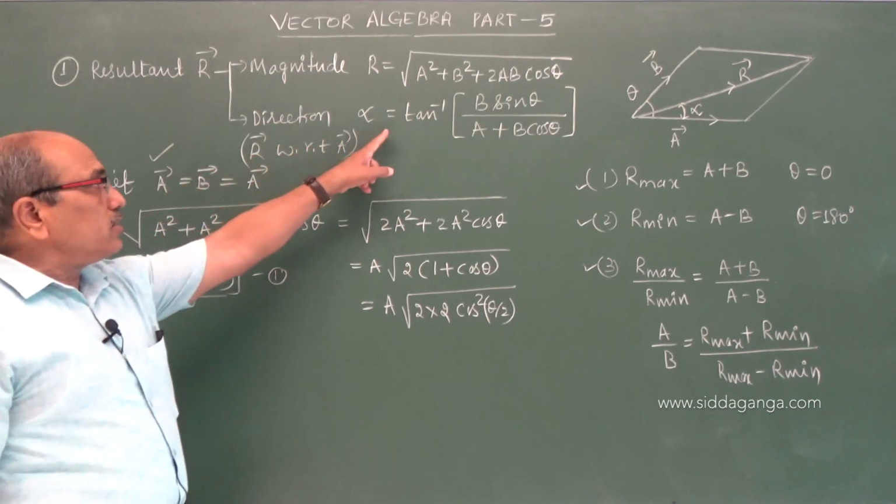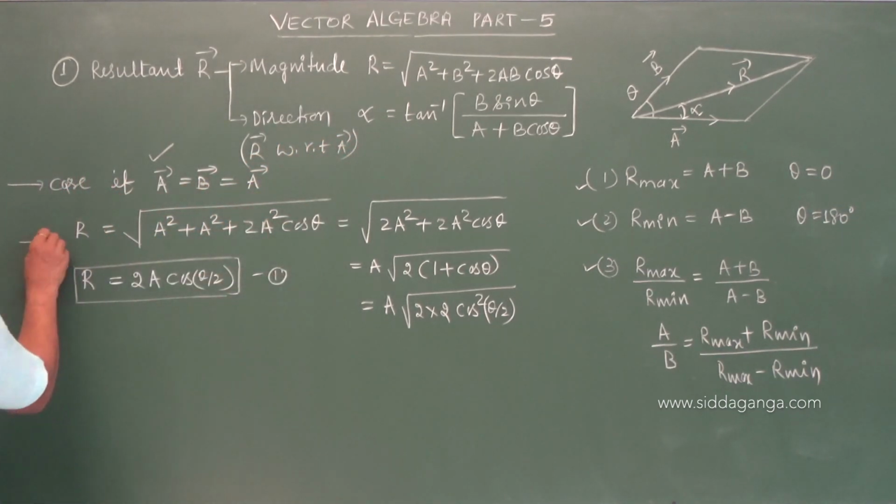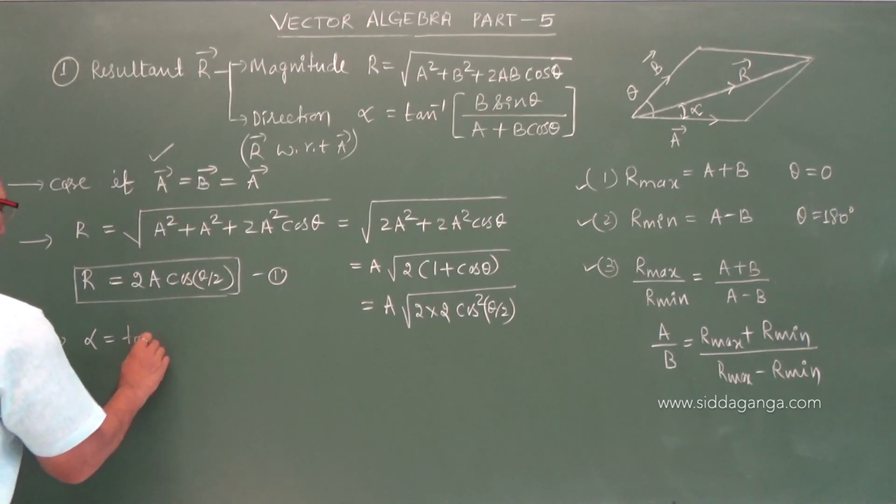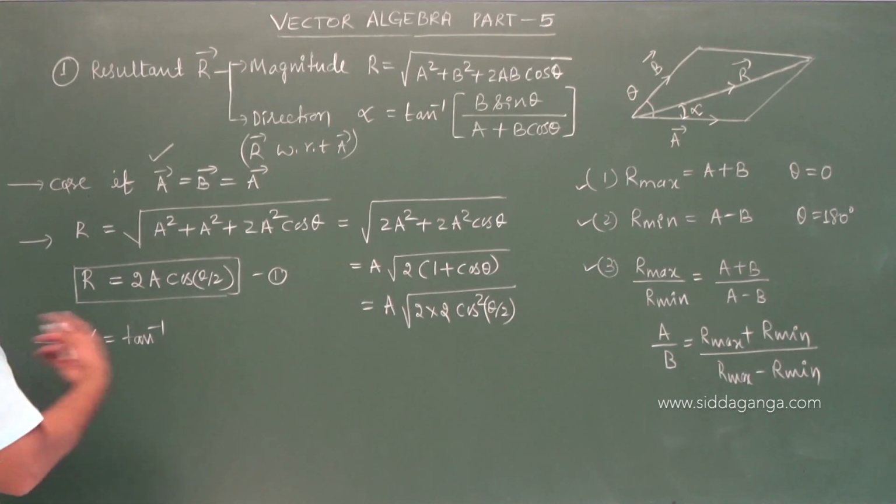Similarly, let us go to this alpha angle. What happens to the angle? Alpha is equal to tan inverse, or I write tan alpha, better.